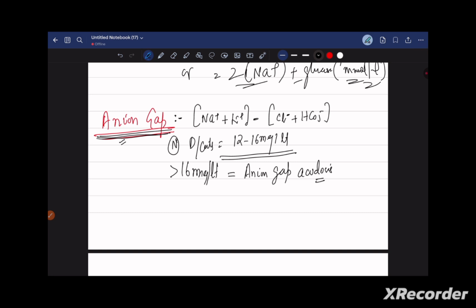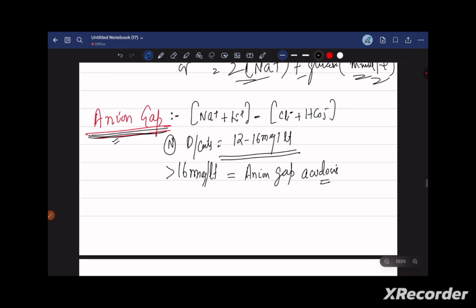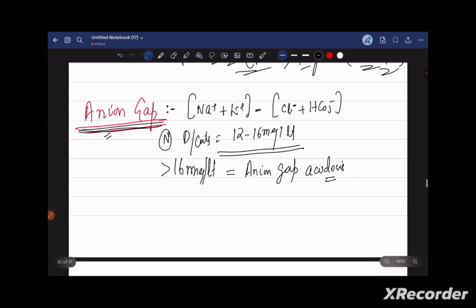So one thing you have to remember here: in DKA, diabetic ketoacidotic dogs and cats, the anion gap that has been found is 20 to 35 milliequivalents per liter.